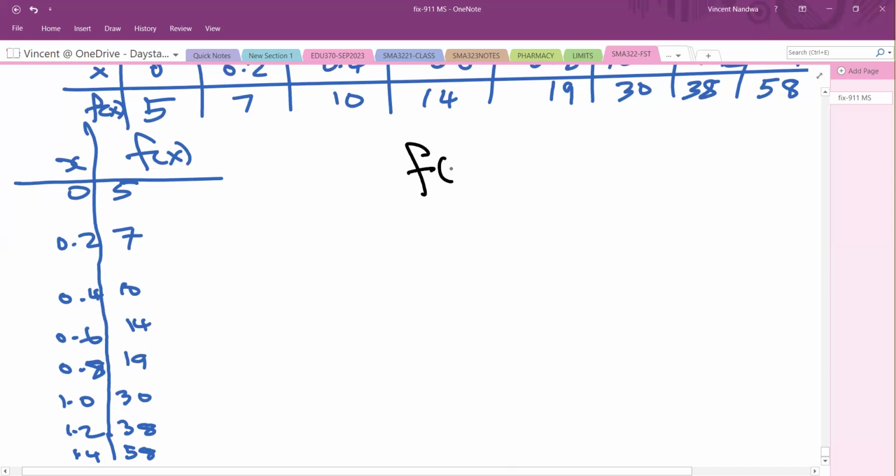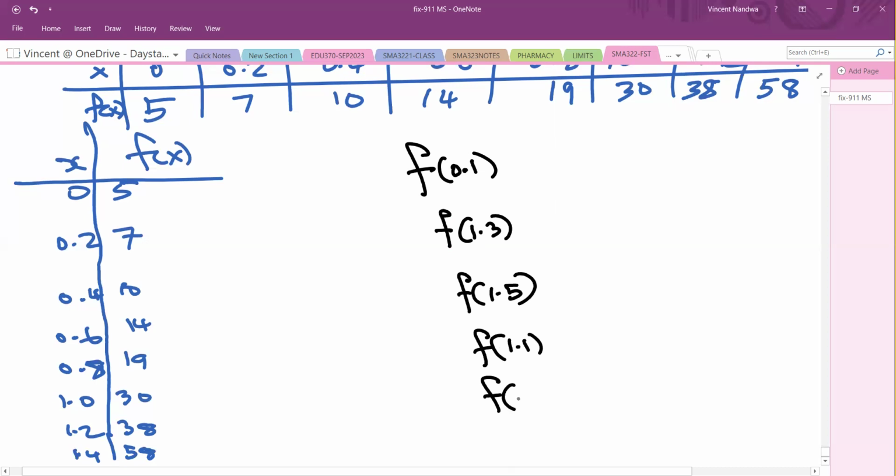Assume I want to approximate the value of the function at 0.1, or at 1.3, or at 1.5, or at 1.1, or at 0.3, or at 0.9. I'll say 0.7.